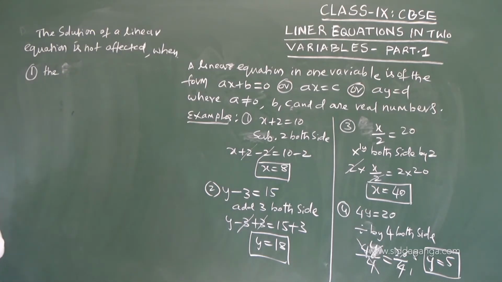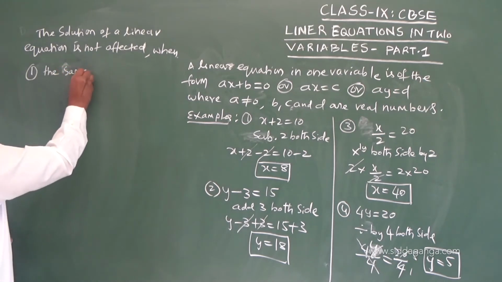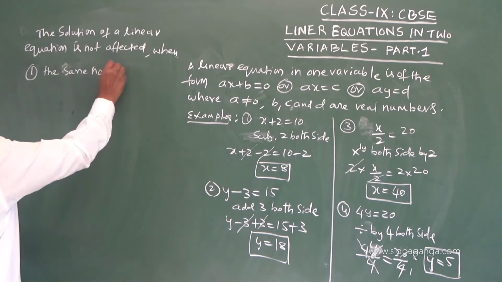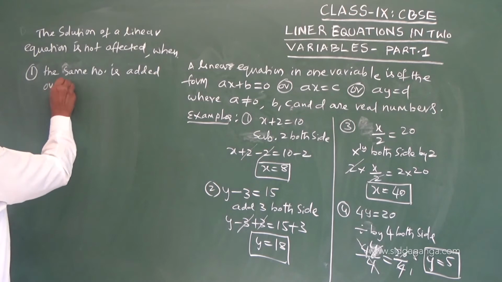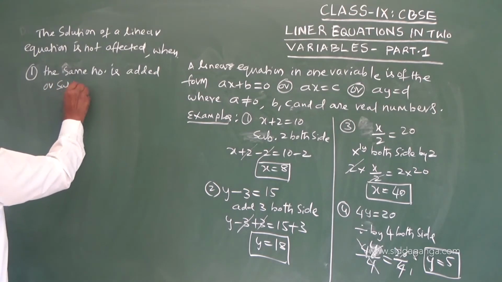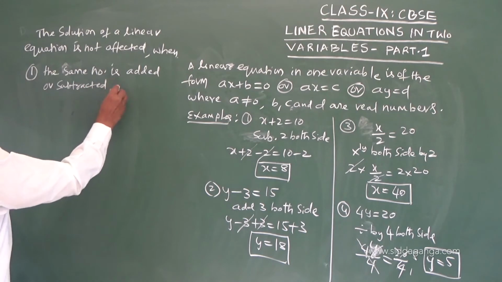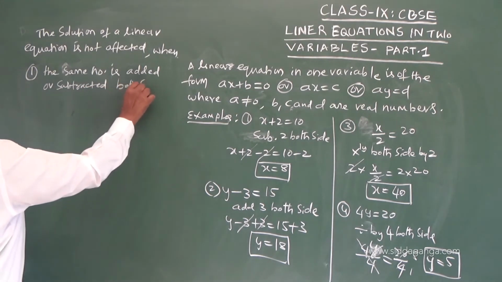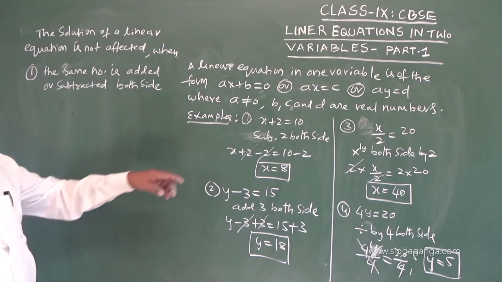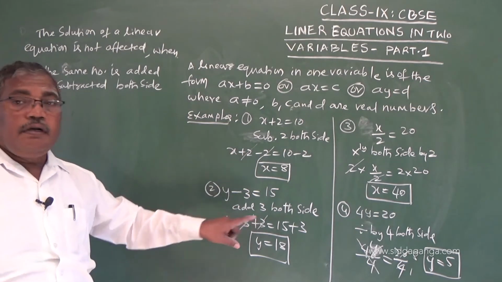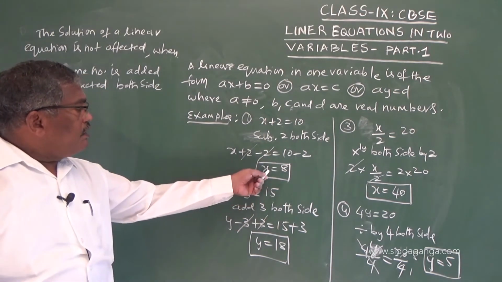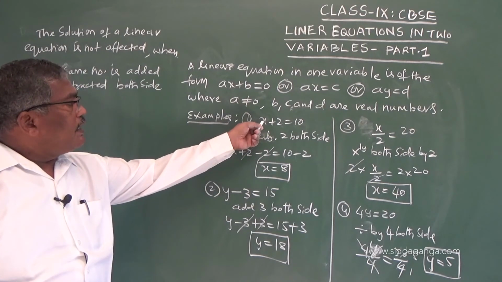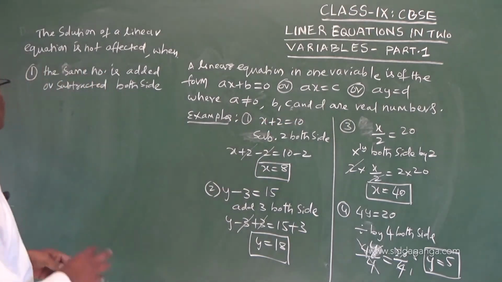When this same number is added or subtracted on both sides, so here we have subtracted, here we have added, the value will not change. If you put the result, that is the zero of the equation here, 8 plus 2 becomes 10.